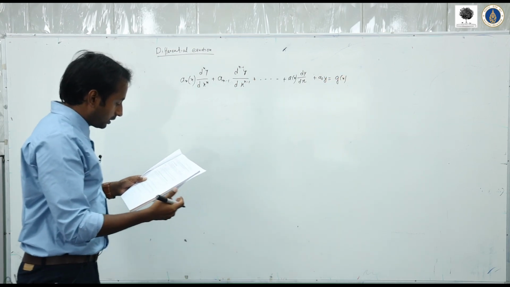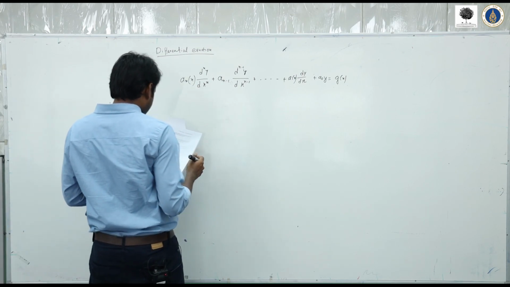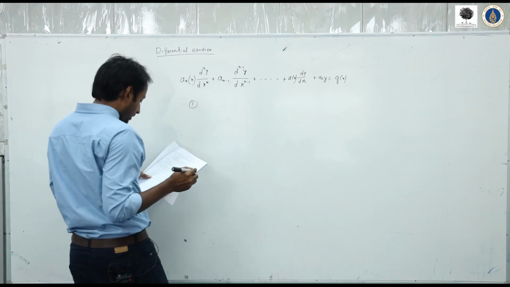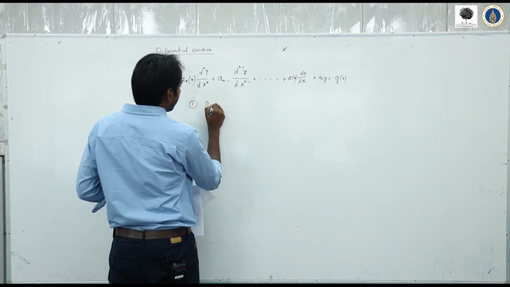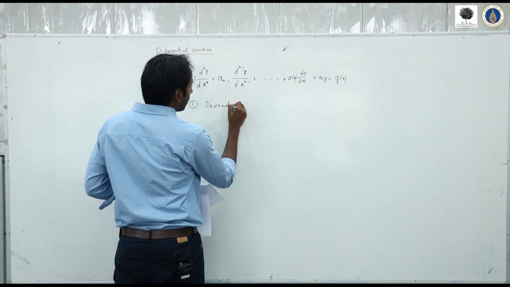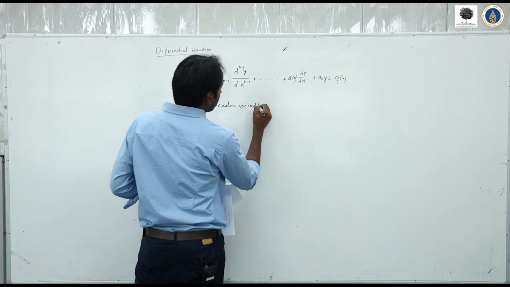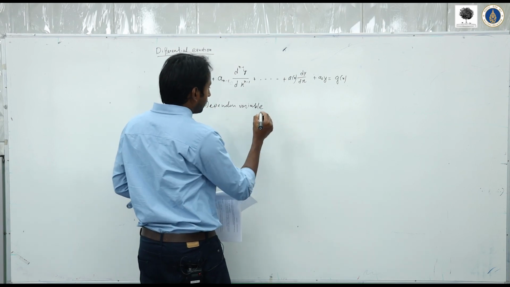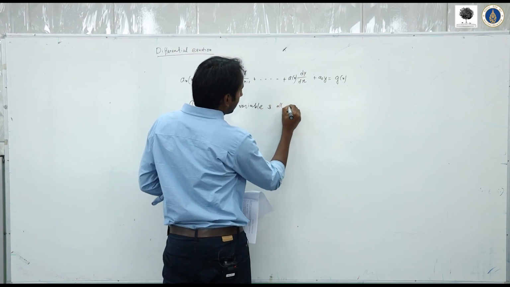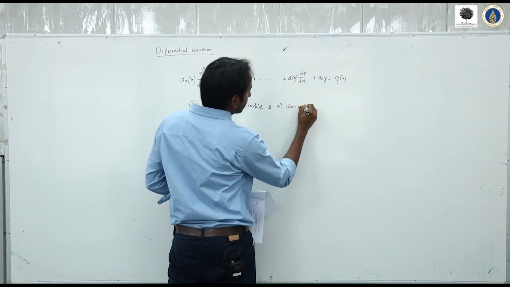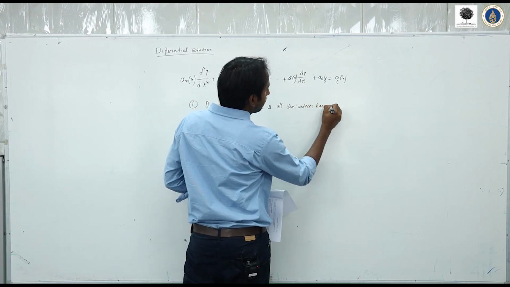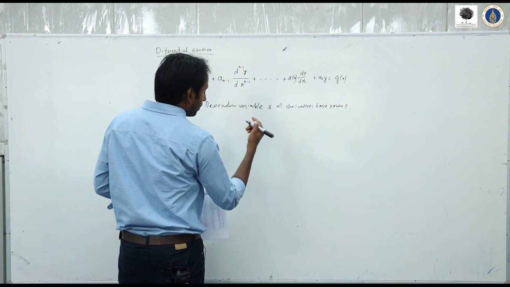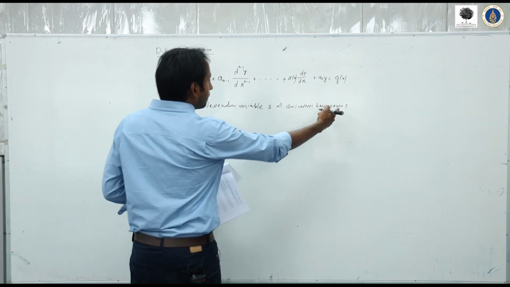The first criterion to be linear is that the dependent variable and all its derivatives have power 1. So there is no higher power, and there is no cross term here.